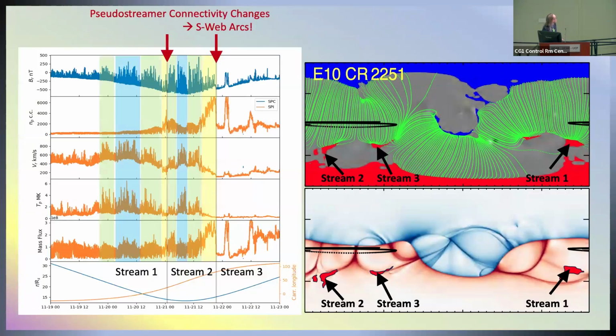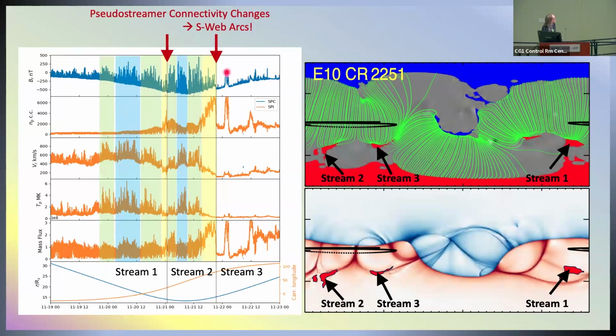And if you look at the data, you can see a ton of structure. Here's a whole set of switchback patches. There's interesting density structures here, like an enhancement at one side, and then sort of lower density. And then over here, we have an enhancement at one side, and then sort of lower density.